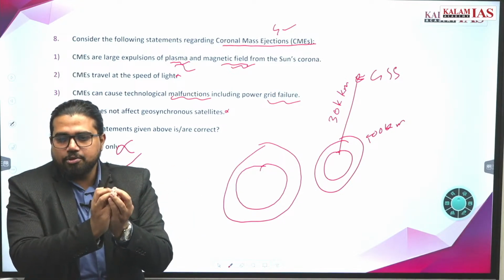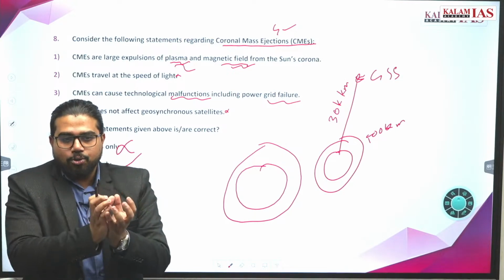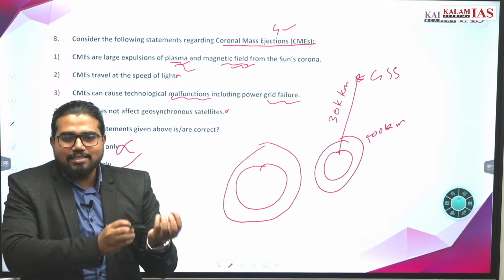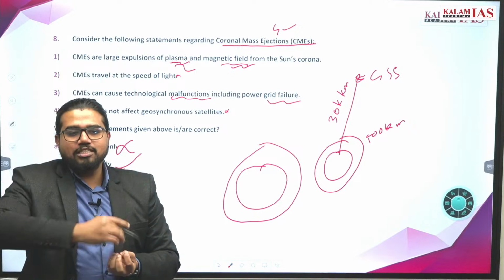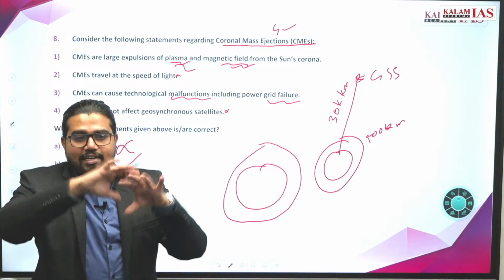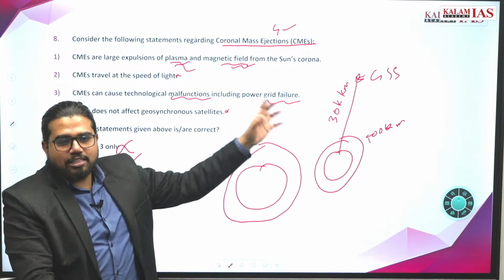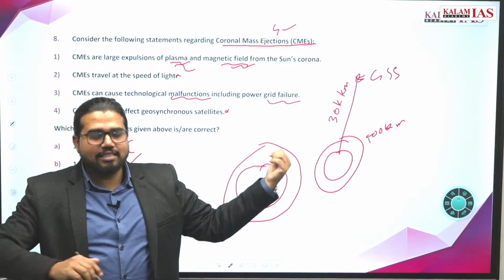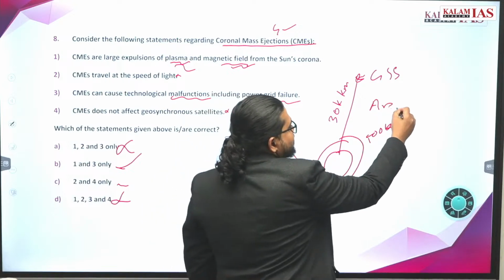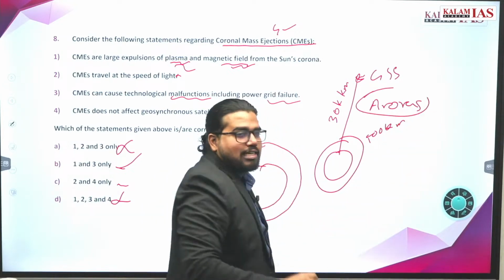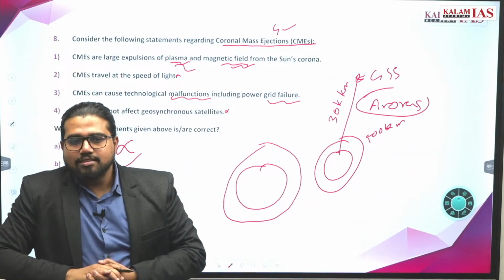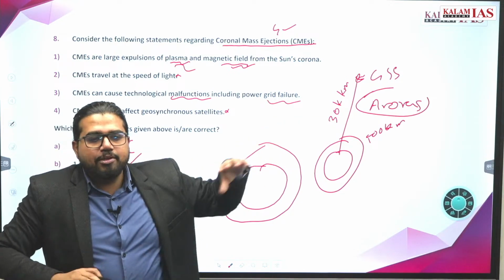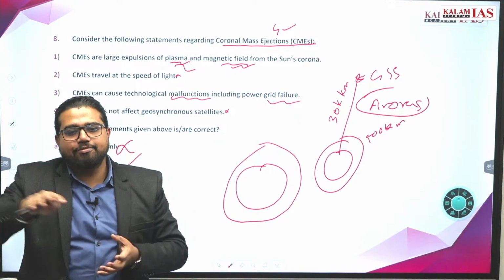Due to this active core, some movement is going on. Our core is liquid, and due to this movement we have a magnetic field around the Earth. So whatever plasma is coming, it can be deflected from the Earth. At the poles, we see auroras, colorful sky events like this. This is happening because we have a magnetic field and the plasma is getting deflected.